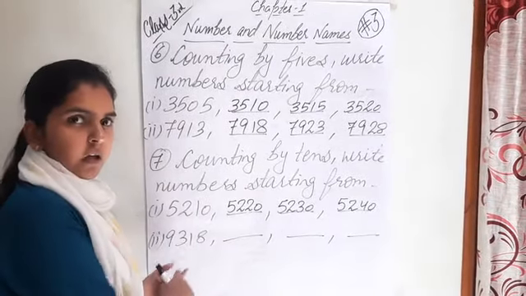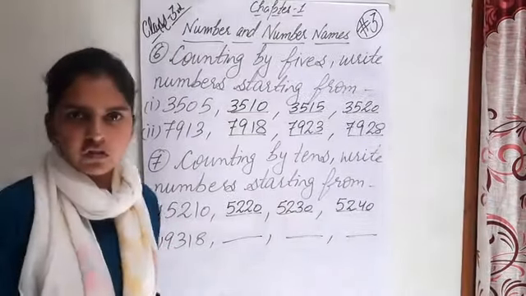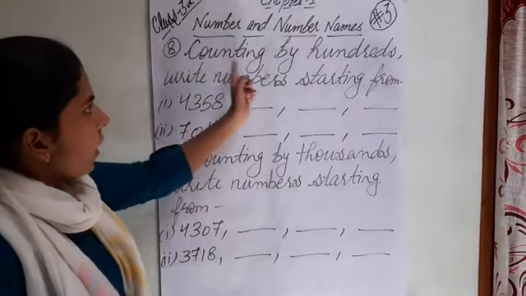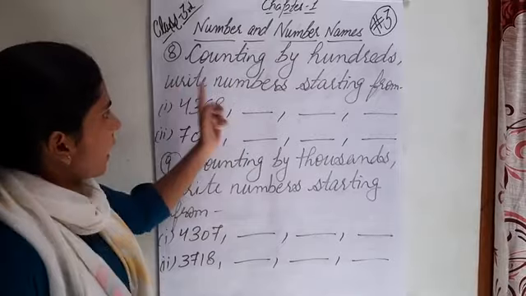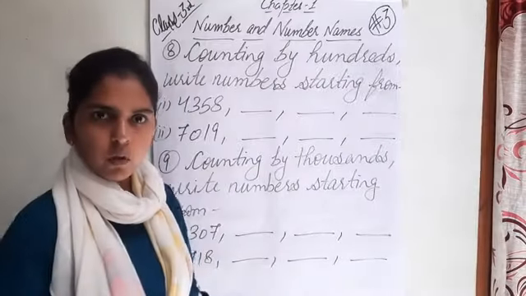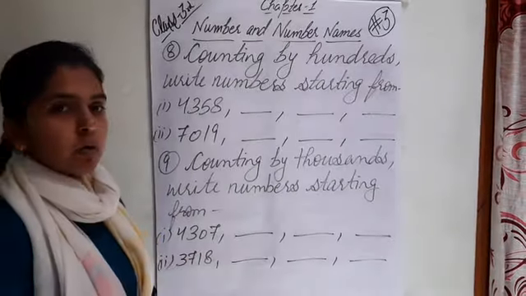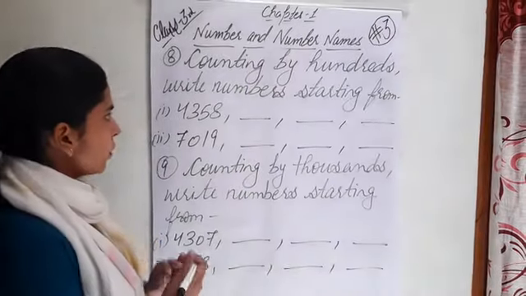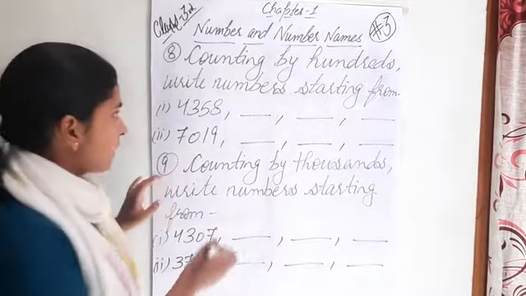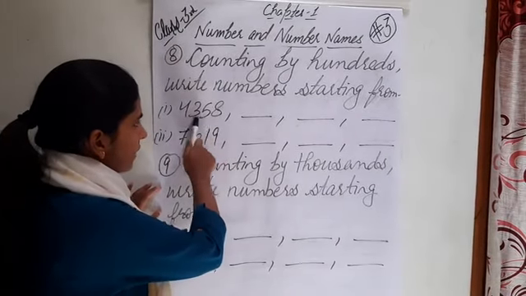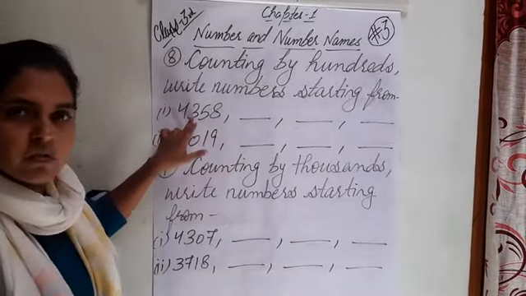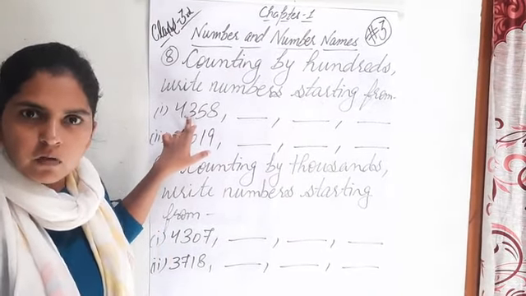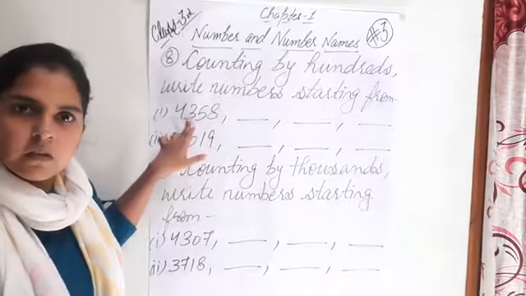Okay, students. Now let's move to the next question. The next question is counting by hundreds, write numbers starting from. This time we need to count by hundreds. So what will you do? You will go to the digit at the hundreds place. This is ones, tens, hundreds. So at hundreds which digit is there? 3. So you will write counting starting from 3. The remaining digits will be the same.